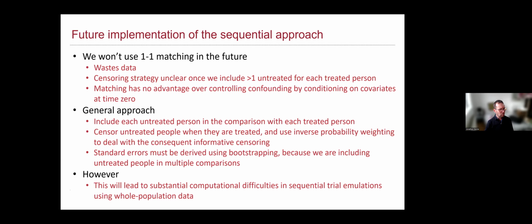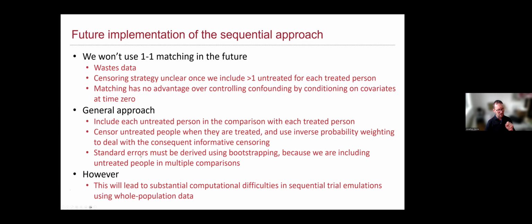So the general approach for the general sequential approach is to include each untreated person in the comparison with each treated person. I see that Sophia Rain is on the call, so she knows much more about having done this successfully than me. You censor untreated people when they're treated and use IP weighting to deal with the consequent informative censoring.